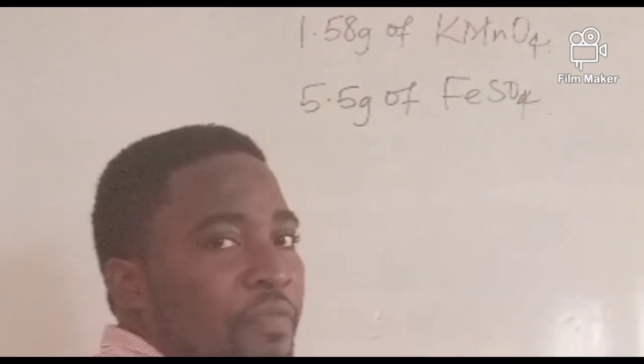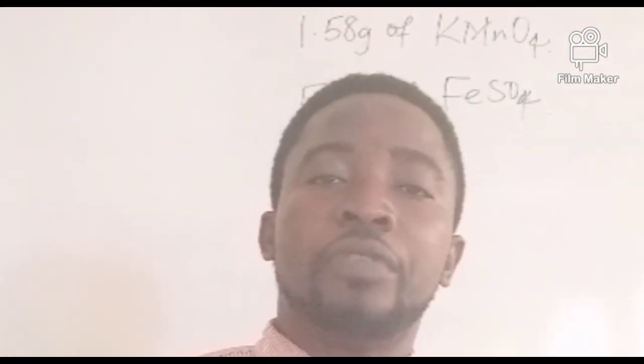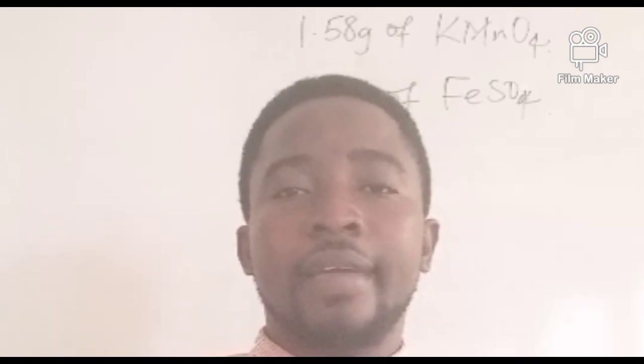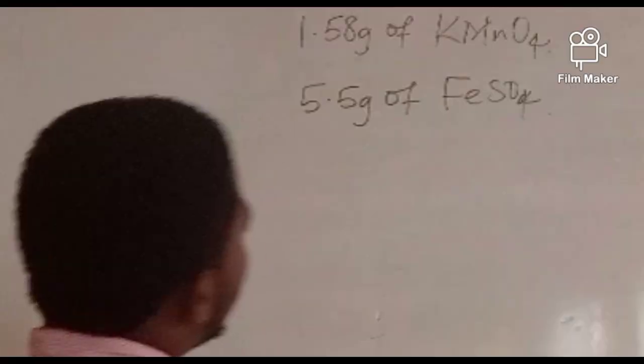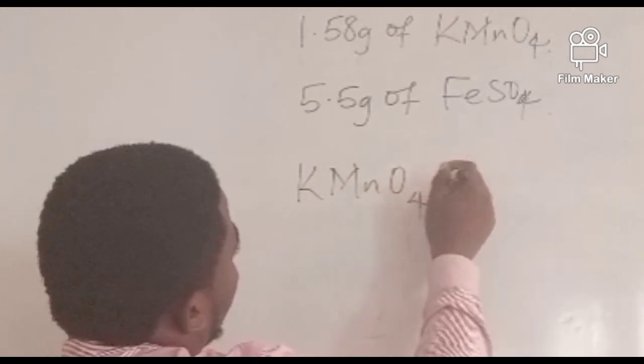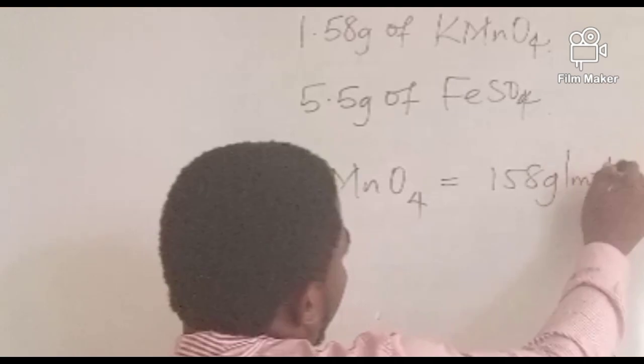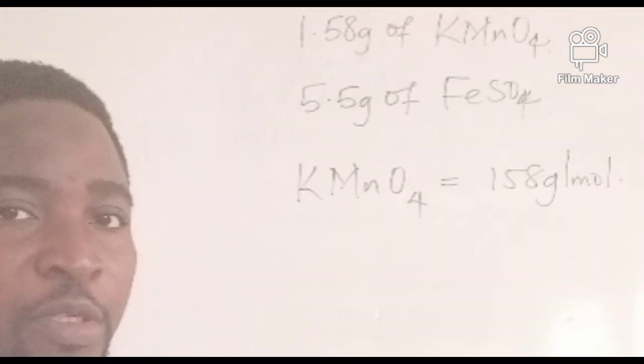So I think the first thing we need to do is to find the molar mass of the potassium permanganate and the iron 2 sulfate. The molar mass of the potassium permanganate, which is KMnO4, is 158 grams per mole.